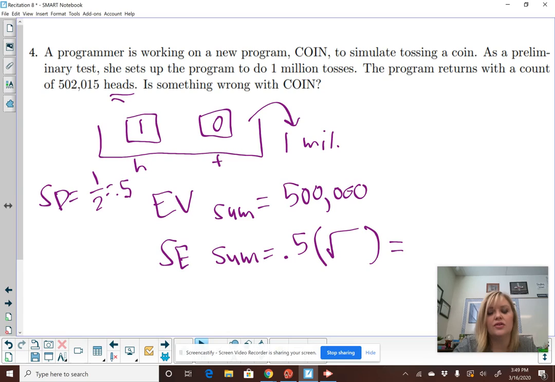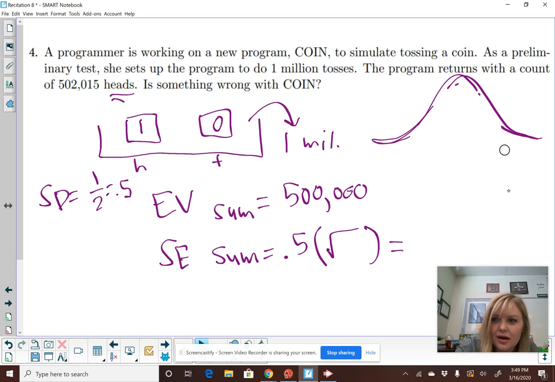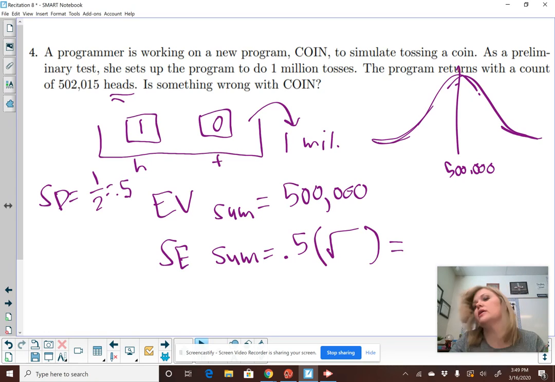If you think about a normal curve, the expected value is right here in the middle, so this is our 500,000 heads that we expect in this program that's going to toss it 1,000,000 times.